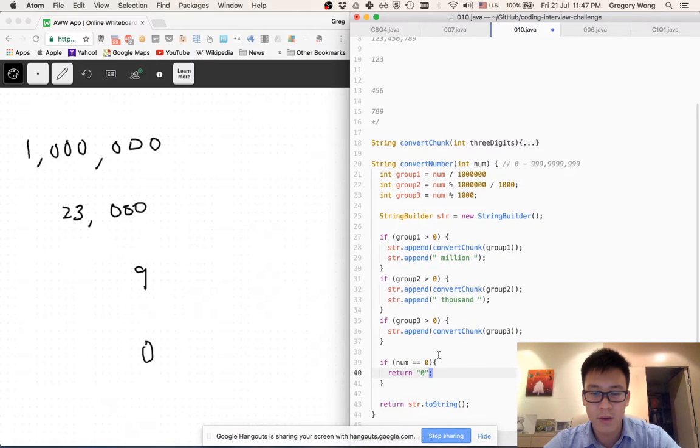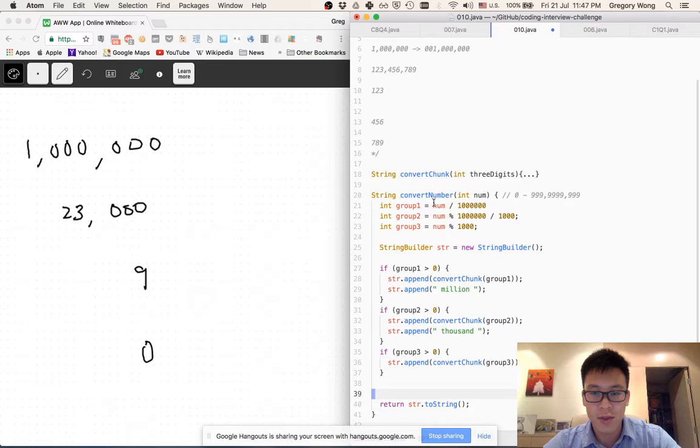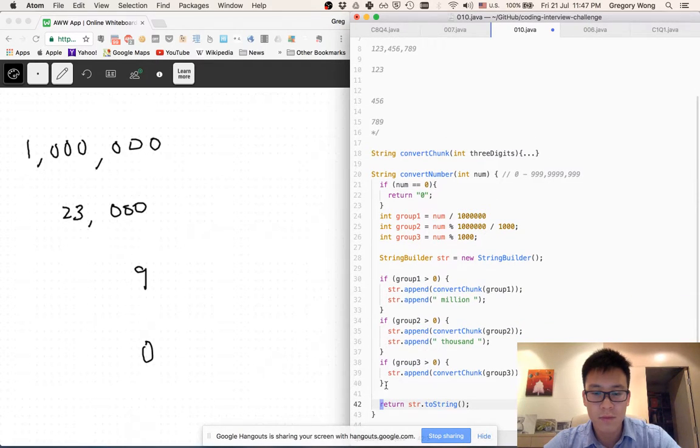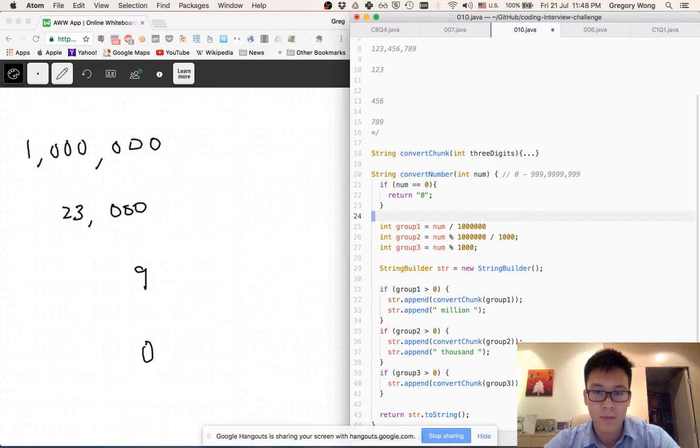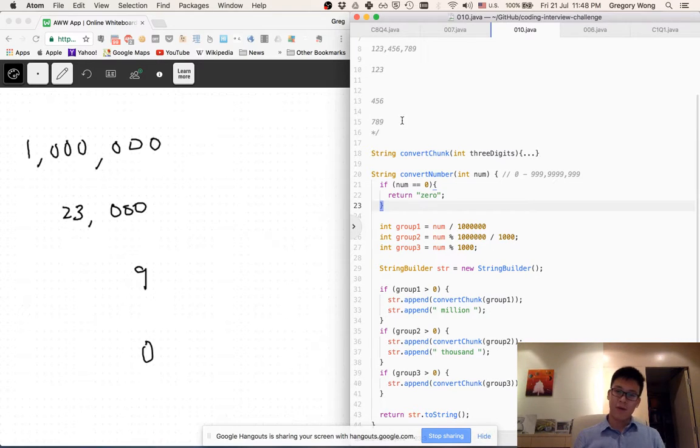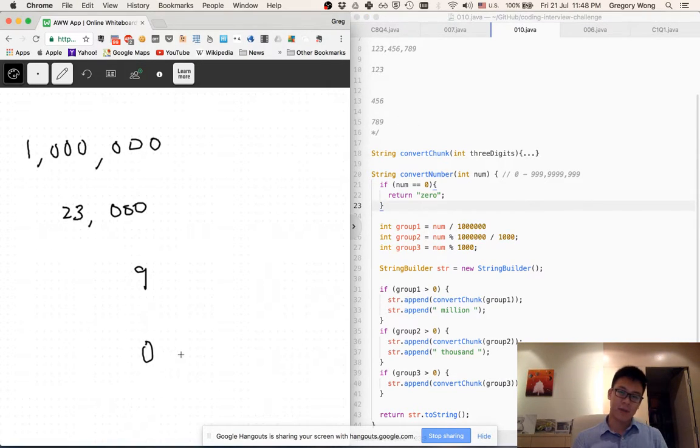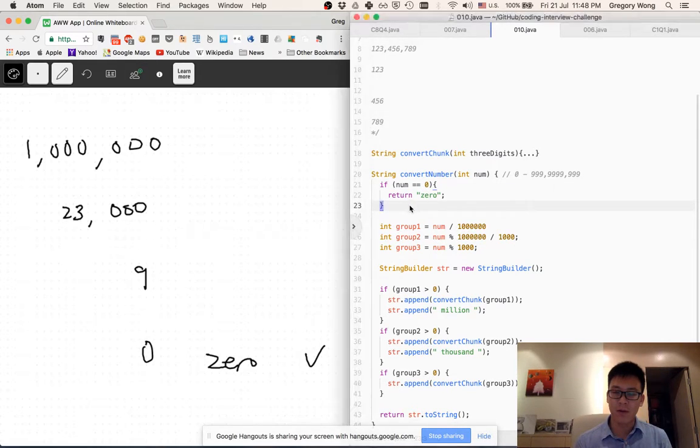Yep. So let's look at this example. If num is 0, then we return 0. Okay, good. So 9. The number is not 0, so we do all this.